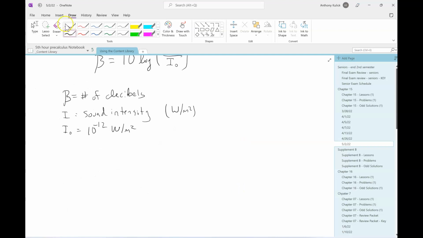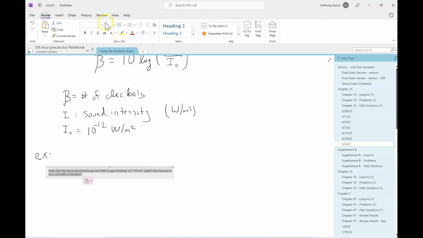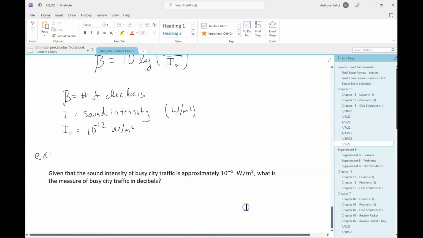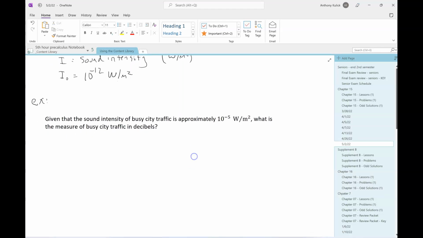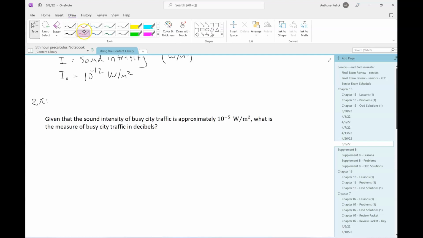So let's look at an example here. Given that the sound intensity of busy city traffic is approximately 10 to the negative fifth watts per meter squared, what is the measure of busy city traffic in decibels?